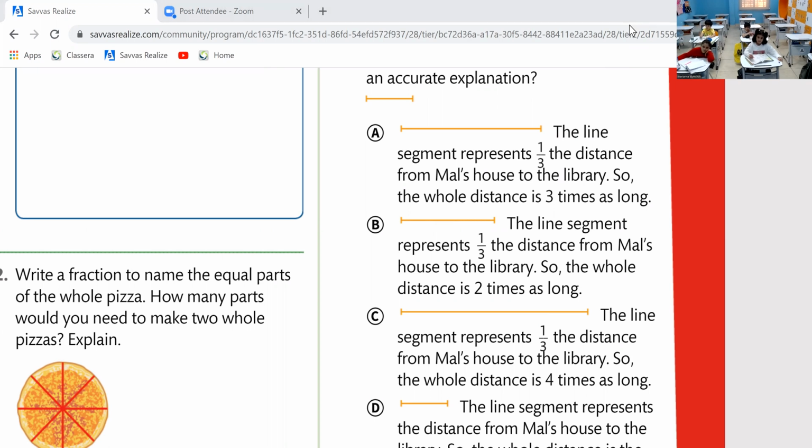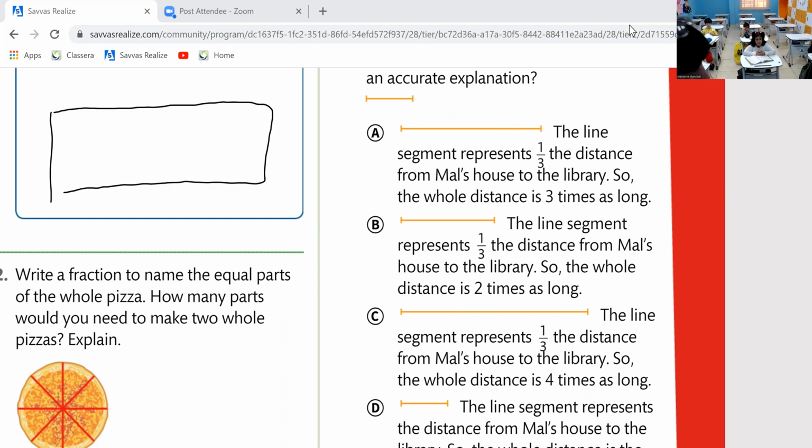Another example, one more example. Imagine that you have a desk, like this. This is the desk. I draw for you a picture. There's a tile, and that line here is 1/4 of the desk.